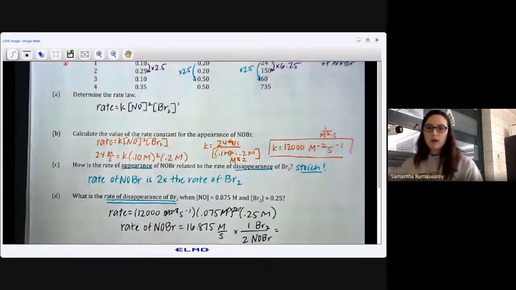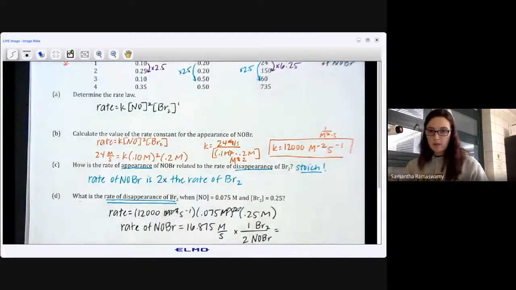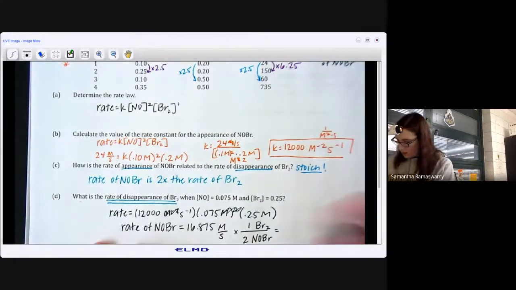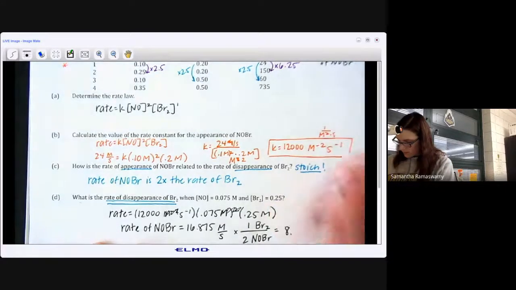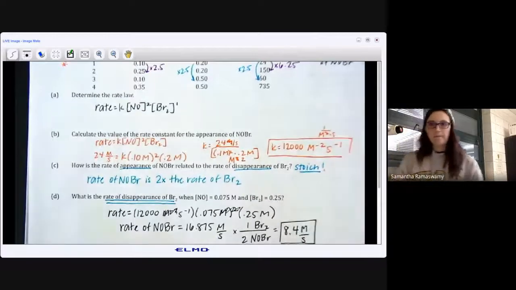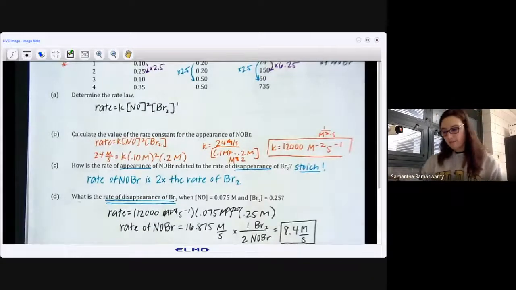For every 2 NOBr that's formed, we only need 1 Br2. So 16.875 divided by 2, 2 sig figs again, is 8.4 molar per second.